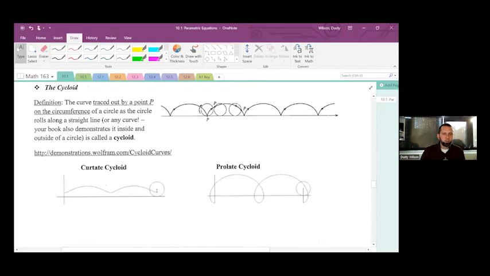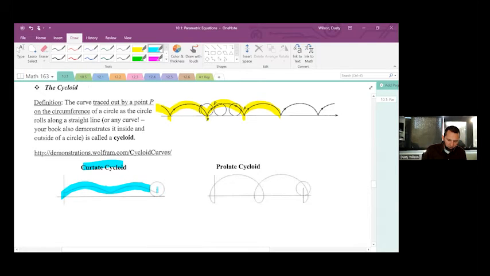Here up above is the traditional cycloid, and you'll notice that it comes all the way down to the axis and then pops back up again, and pops back up again, and pops back up again. And then below you have this curate cycloid that never makes it down to the axis.